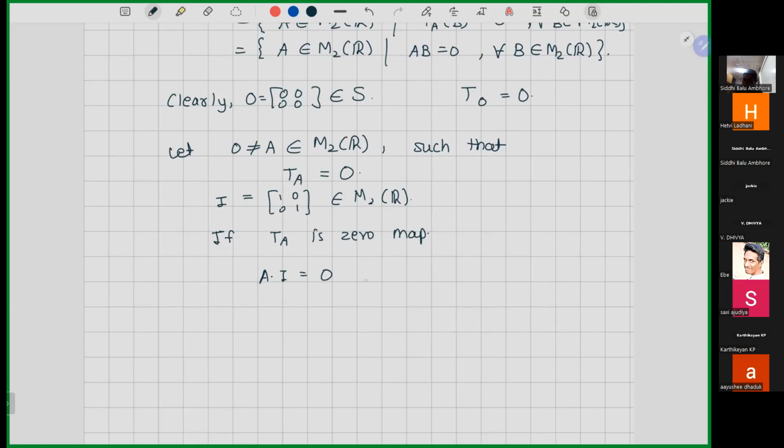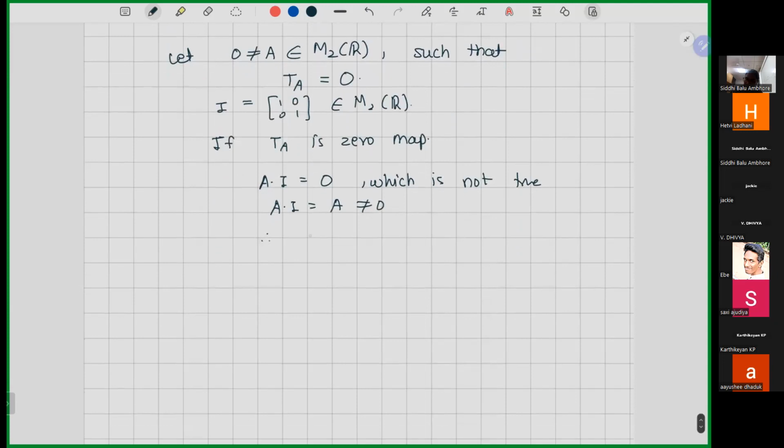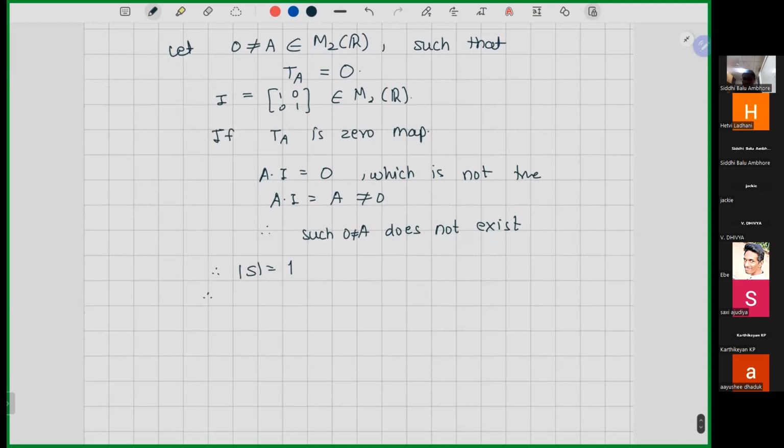But this is not true, because A times I is A, which we have already assumed to be non-zero. Therefore, such a non-zero A does not exist. Therefore, the cardinality of S is exactly 1. Therefore, the given condition is false. Any doubts?